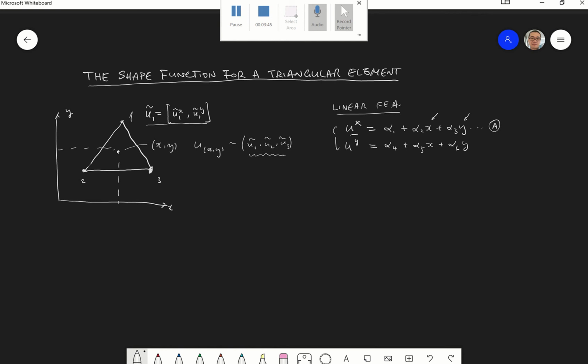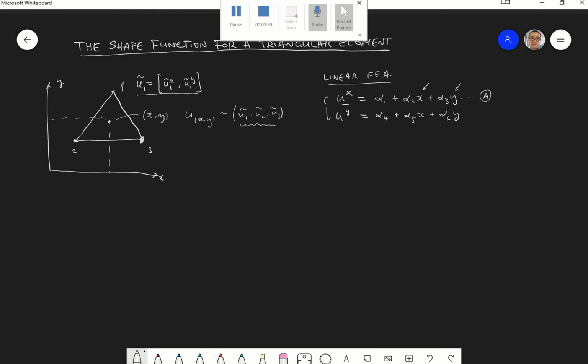Okay. So how do we solve for A? Now we need some knowledge about the displacement in this finite element. We basically need three equations to solve for three variables, alpha 1, alpha 2, and alpha 3. But what we do know is the displacements or deformations at nodes 1, 2, and 3.